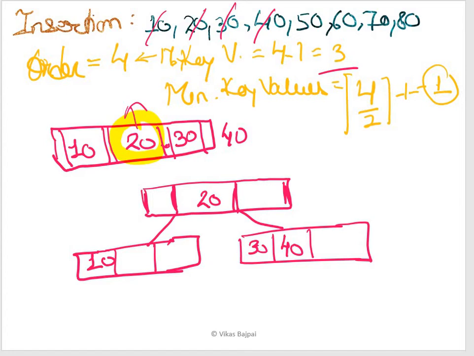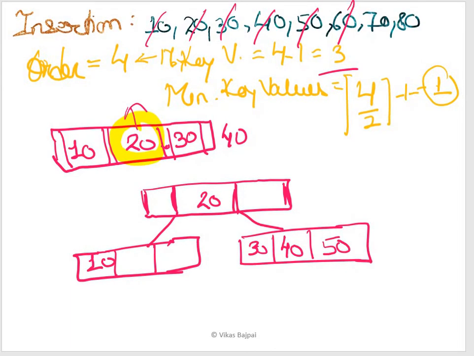Now what would be the next thing? After 40 I'm taking 50 easily. After 50 I'm going to get 60. Now some issue arises once again, and I identify this. So let me draw this in the next diagram.